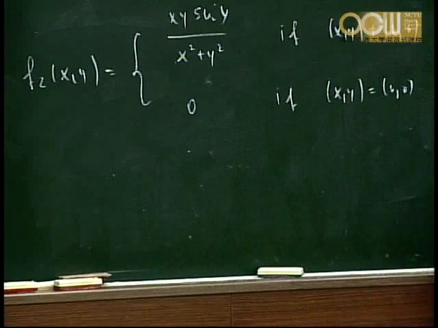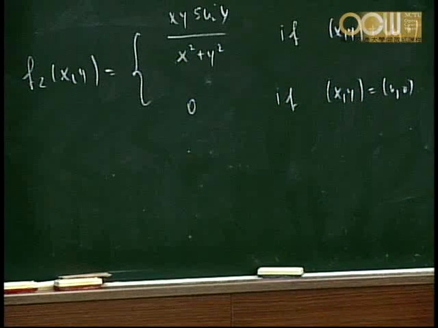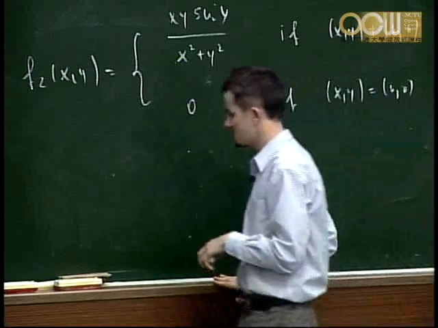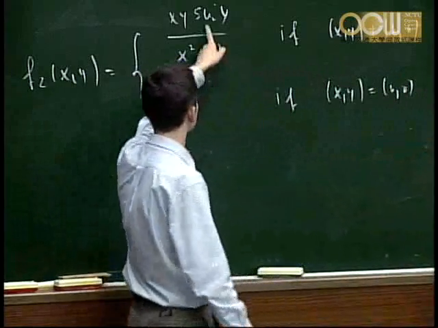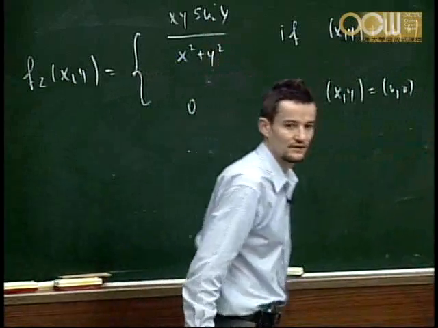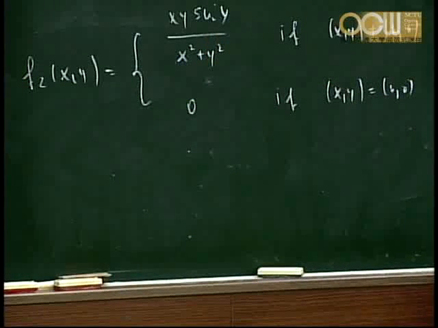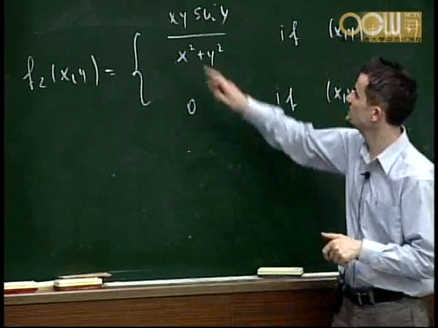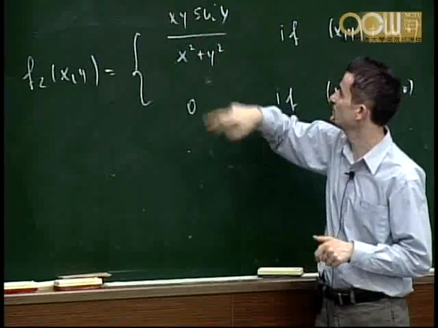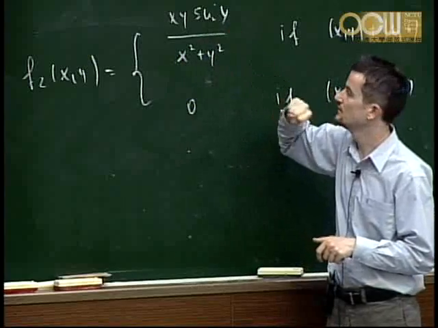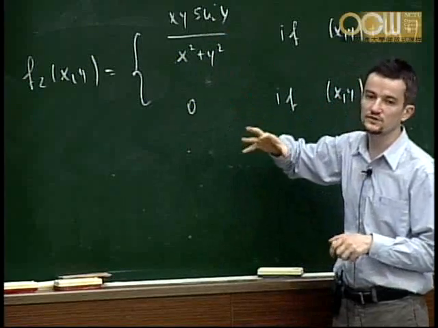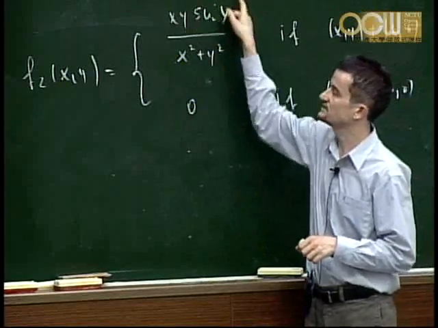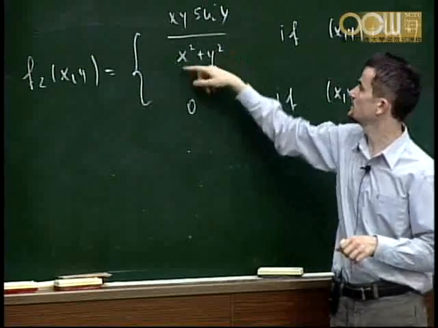So this function would be continuous everywhere, because, actually, for this I have to prove that sine of y as a function of two variables is continuous. Once you know this, you can use our rules. Then if you know that the product of continuous functions is continuous, you get that this is a continuous function.